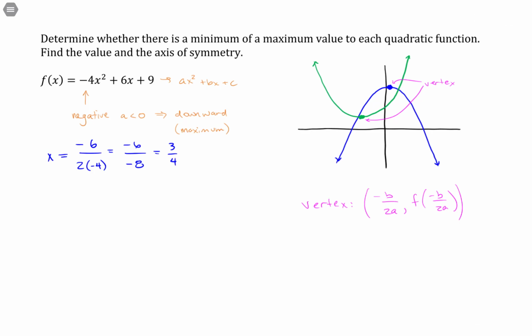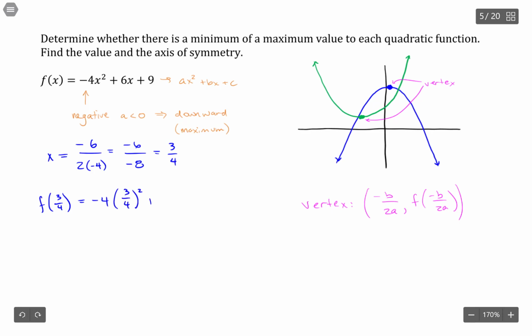Now, in order to get the y value, what we have to do then is evaluate this particular function at 3/4. So this would be negative 4 times 3/4 squared plus 6 times 3/4 plus 9. When I square a fraction, you can square the numerator and denominator separately.